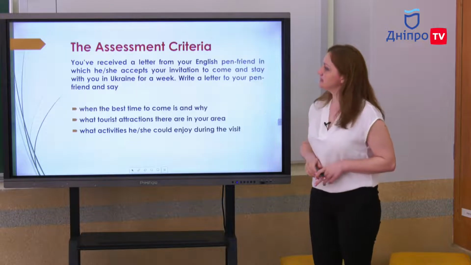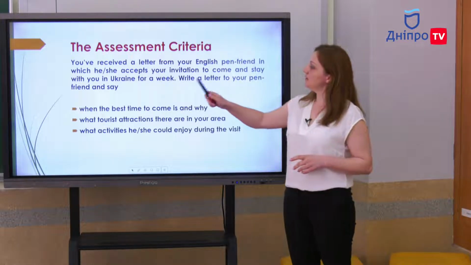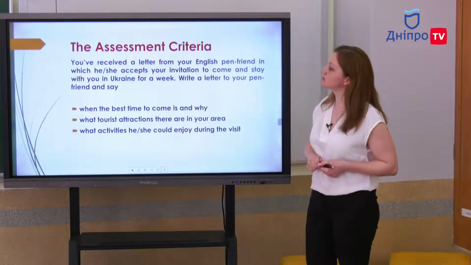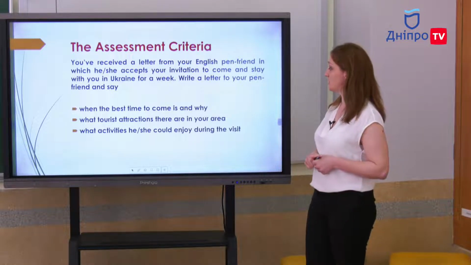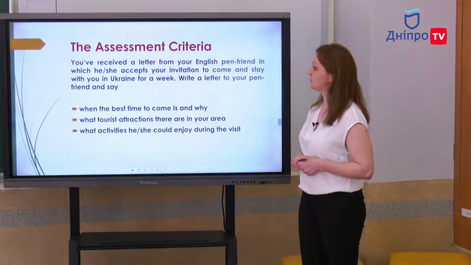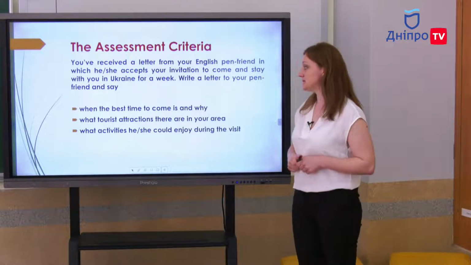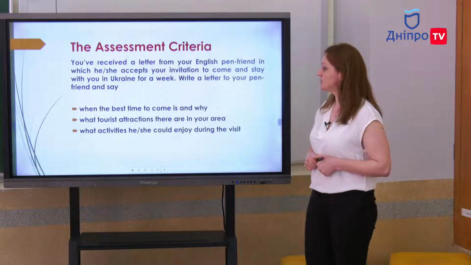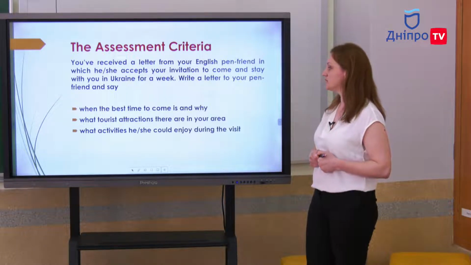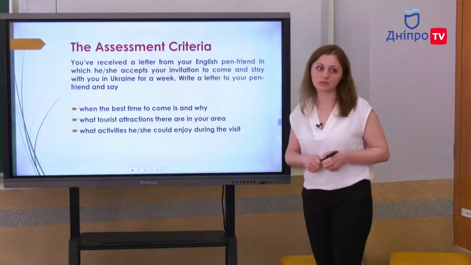Now let's look at the example. You have received a letter from your English pen friend in which he or she accepts your invitation to come and stay with you in Ukraine for a week. Write a letter to your pen friend and say when the best time to come is and why, what tourist attractions there are in your area, what activities he or she could enjoy during the visit.